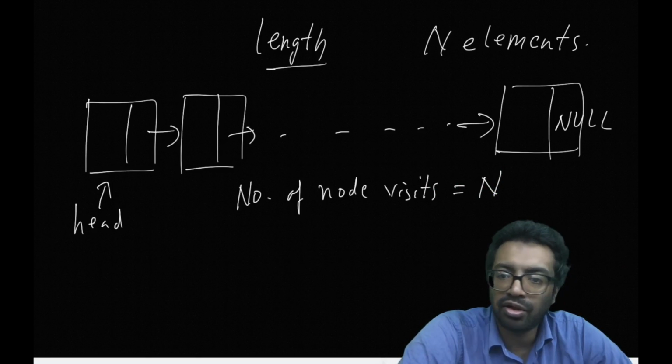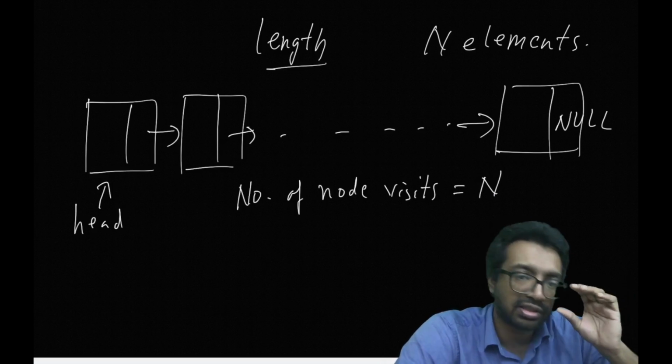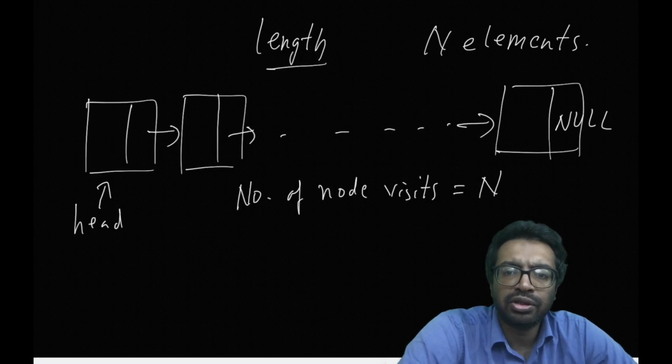I had to go through all the n nodes to answer that the length is n. So to find out the length, it depends on the number of elements. If the list had 1 million elements, it's going to take that much time compared to if the list had only, let's say, 10 elements.